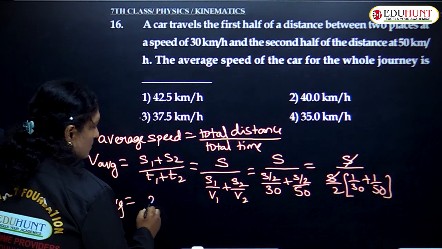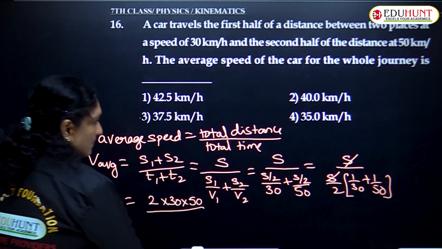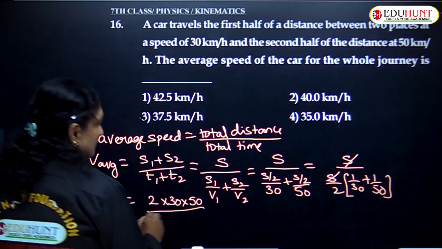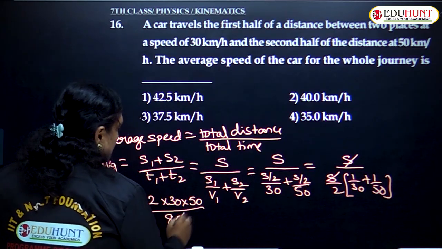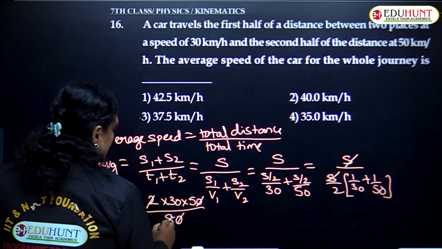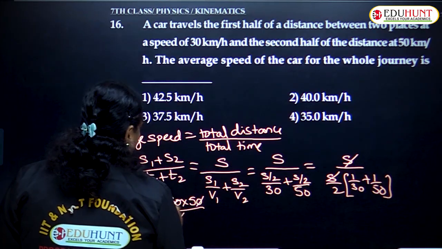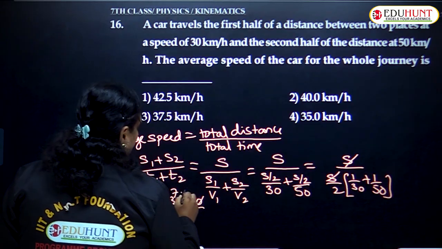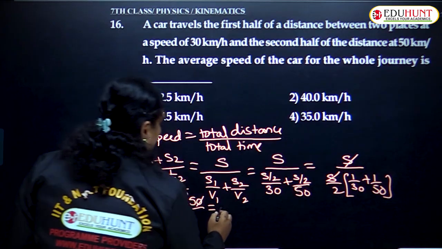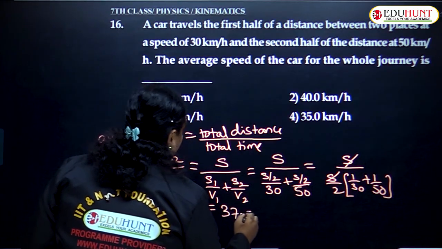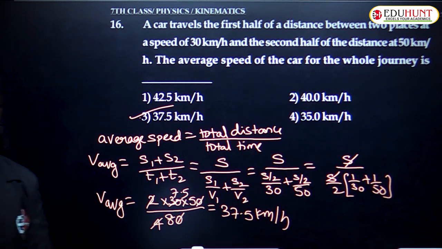This is equal to 2 into 30 into 50 upon, how much is that? 50 plus 30 is equal to 80. This 0 and this 0 get cancelled, this goes by 4 times. So this value will be 7 4s are 28, so 7.5 into 5, something around 37.5 km per hour is your final answer.